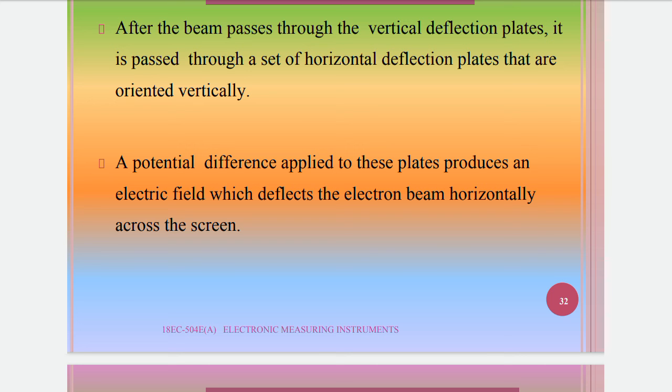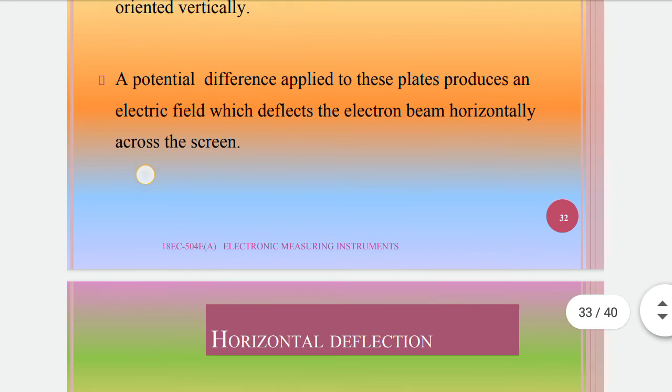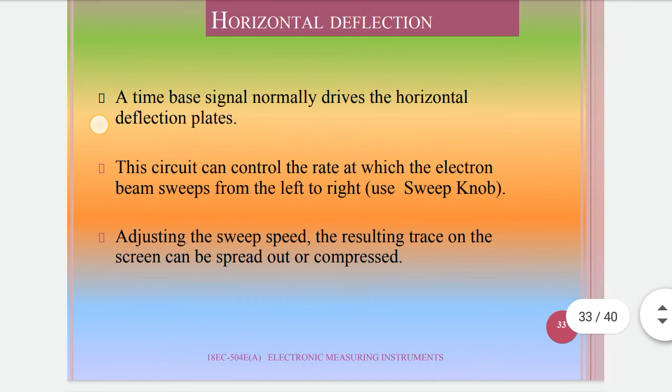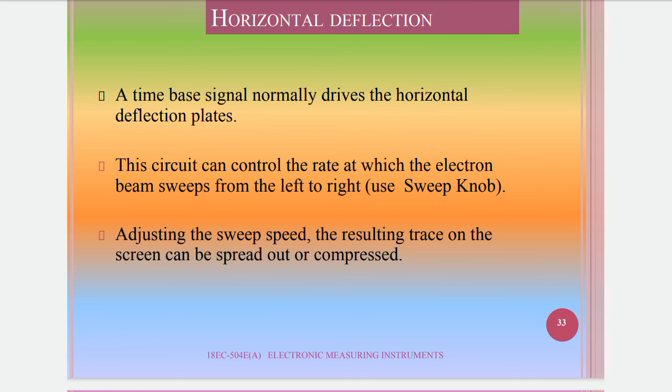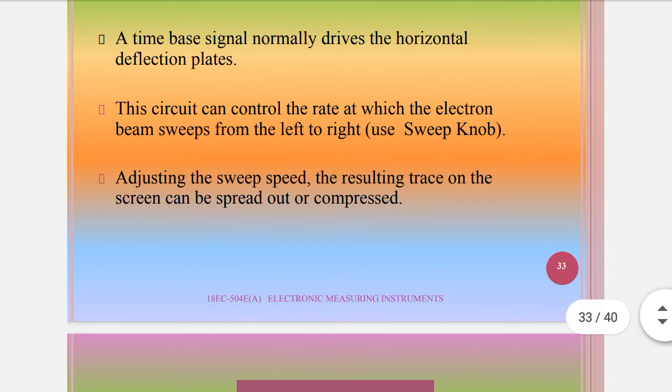So, a voltage applied to the horizontal deflection plates produces an electric field that deflects the electron beam horizontally. A time-based signal normally drives the horizontal deflection plates.